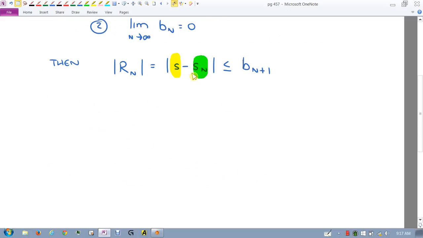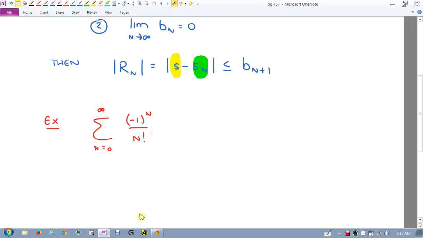I'll give you an example. I wasn't going to, but I'll give you an example. Let's say we have the sum from n equals 0 to infinity of negative 1 to the n over n factorial. This is an alternating series.